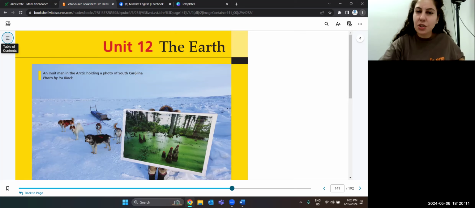So we can see the two places are very different. In the Arctic, it's extremely cold. We can see snow, yeah? Snow, there are the snow dogs. He's wearing his coat. But in the photo, it looks very different. It looks like a river. It's a swamp.